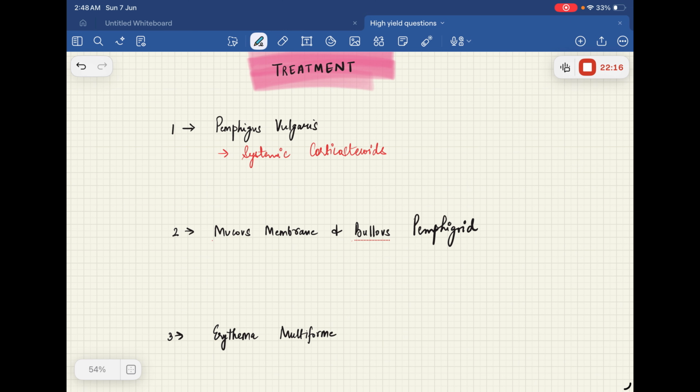This has been a PYQ, and the drug of choice here is prednisolone.